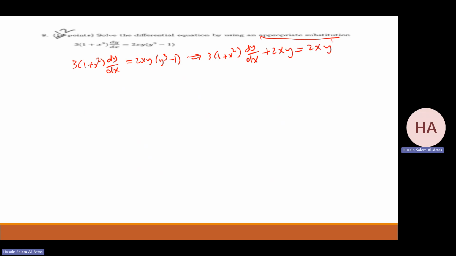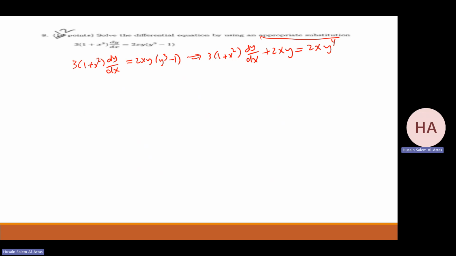Let me finish with these two. We're using an appropriate substitution. Let me rewrite it. 3(1 plus x squared) dy over dx equal to x y cubed minus 1. It seems to be it's one only. So I have 3(1 plus x squared) dy over dx plus 2xy equal to x y to the power 4.